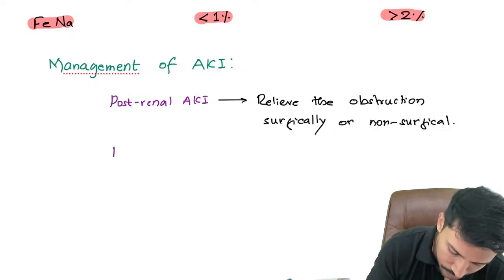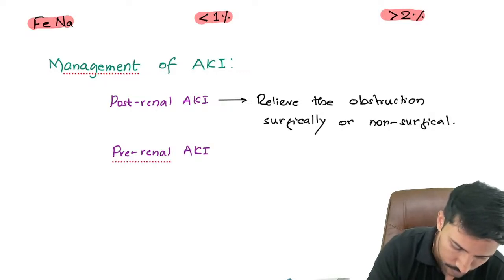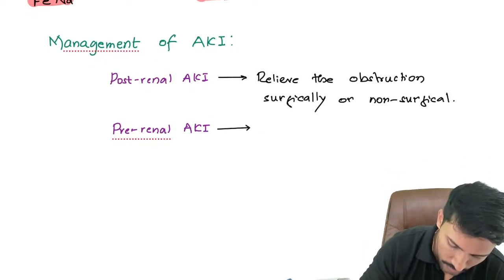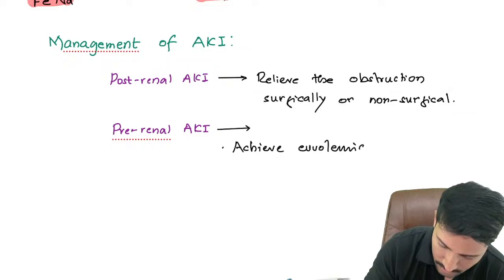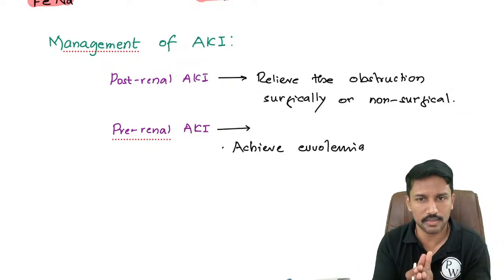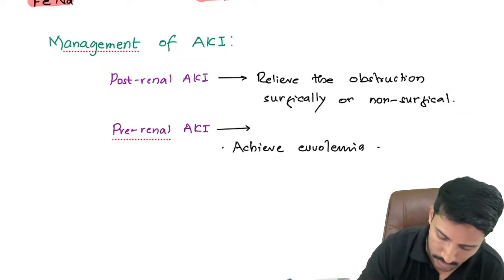If it is pre-renal AKI, how do I manage? First, achieve euvolemia, means try to get the blood volume normalized by IV fluids.